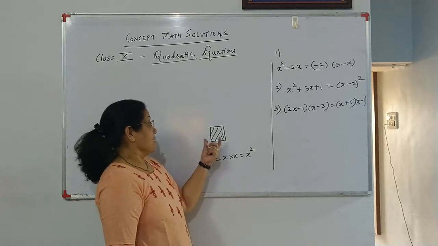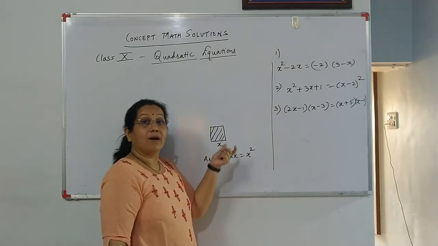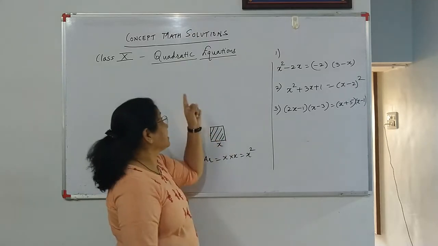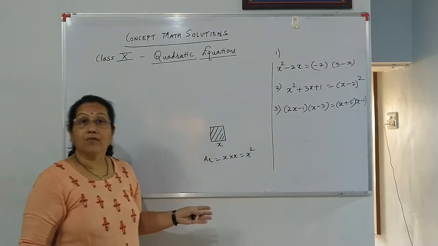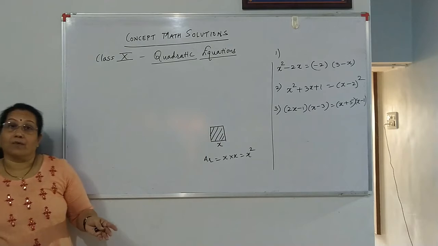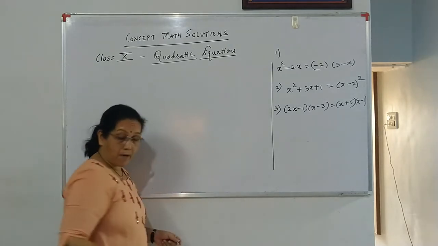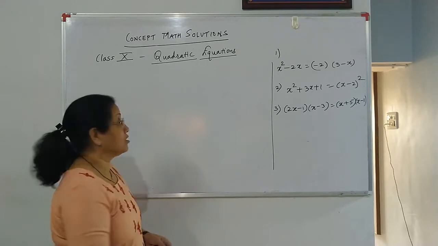That is, the area of a quadrilateral is of degree 2. Therefore, we say degree 2 equations are quadratic equations, that is, the equations in which the power of the variable is 2.